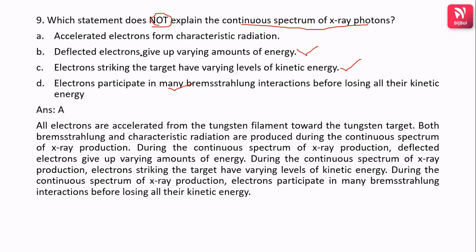So the one statement which does not explain the continuous spectrum is the accelerated electrons from characteristic radiation, because Bremsstrahlung radiation is what is produced in the continuous spectrum, not characteristic radiation. So it is option A, which does not explain the continuous spectrum of X-ray photons, whereas the remaining statements explain the continuous spectrum of X-ray photons.